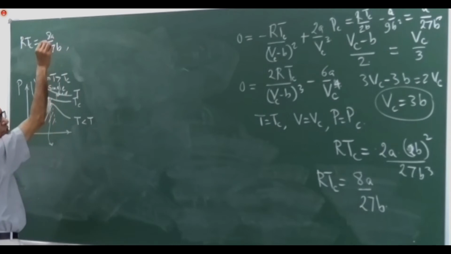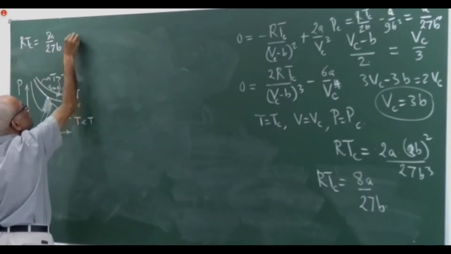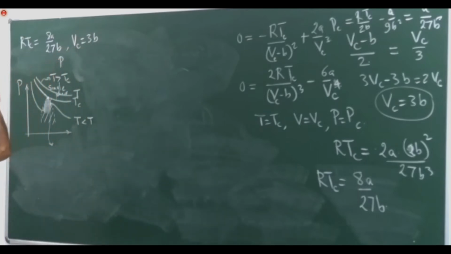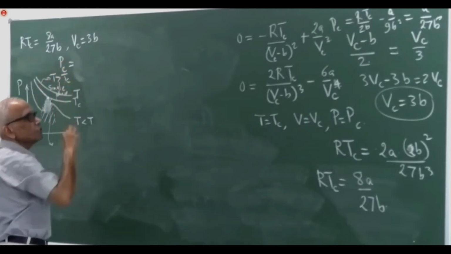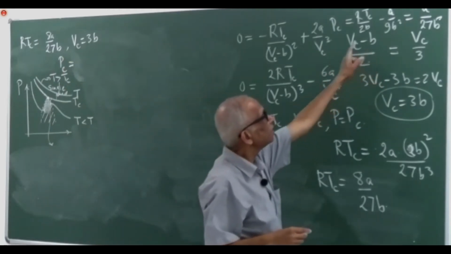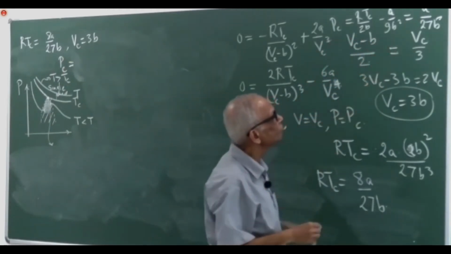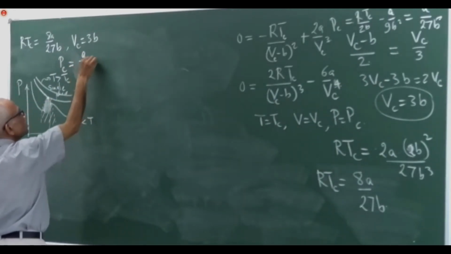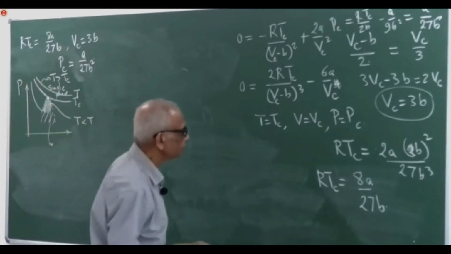I have the critical volume, which is Vc equal to 3B, and I have the critical pressure, Pc, which is A over 27B squared. So that's what I know.